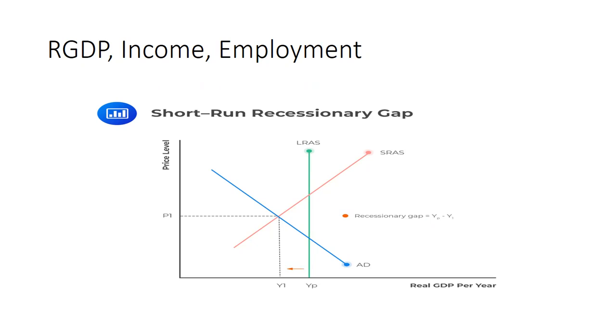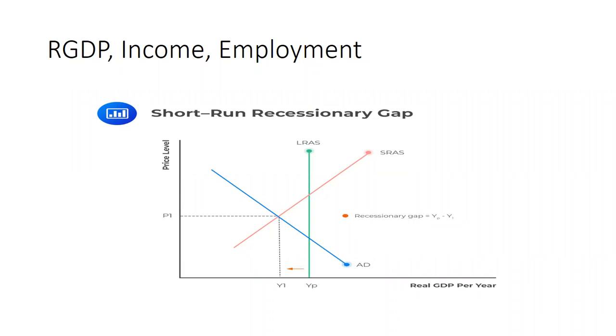The aggregate demand and aggregate supply graph. Here we have price level. How do we get price level? There's one of two ways. You either get it from the GDP deflator or you get it from the CPI index. And then the other axis is real GDP. So they have the aggregate demand and aggregate supply graph, and this is question number 3.